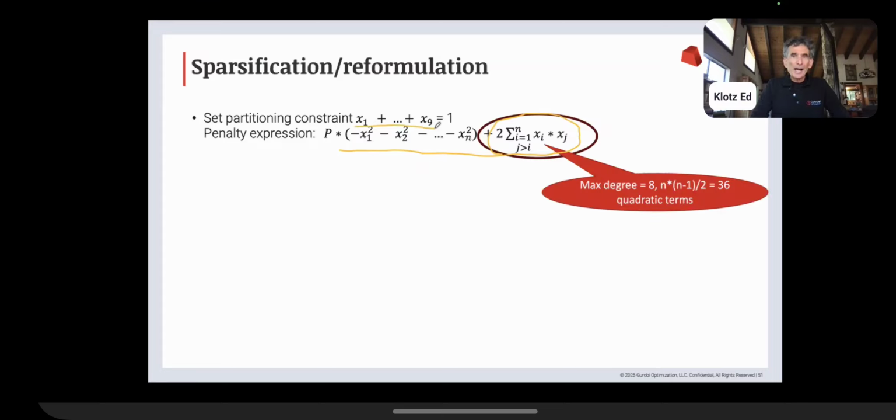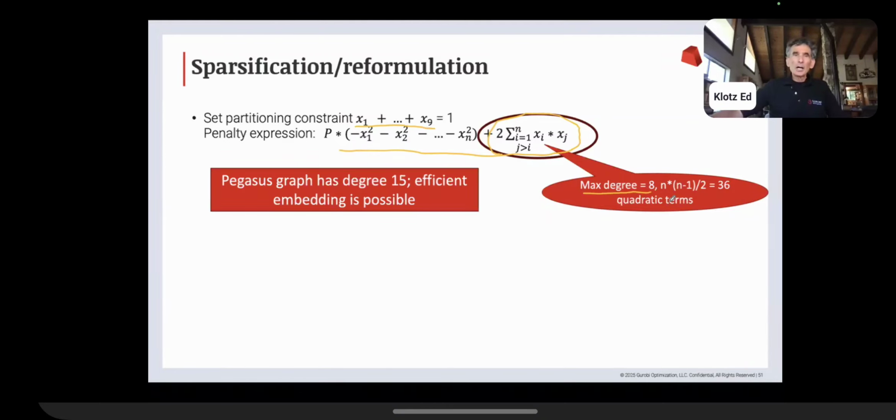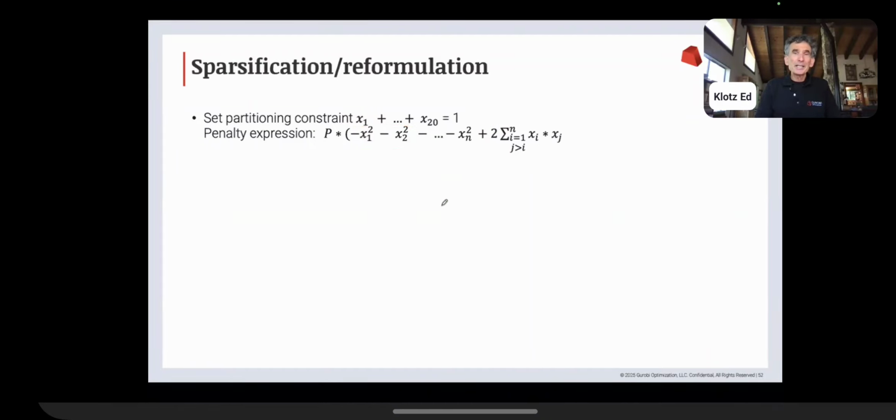We've got this quadratic expression that basically generates a complete graph of size 9. That means we have to embed in the hardware graph, we have a maximum degree of 8. That means we have 36 quadratic terms. All right, so our Pegasus graph has degree 15. So an efficient embedding is going to be pretty easy.